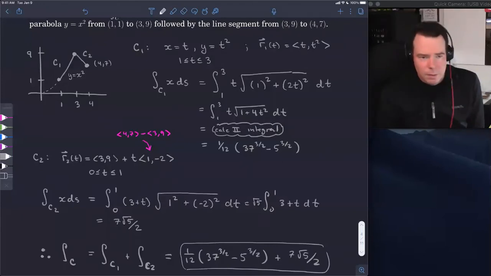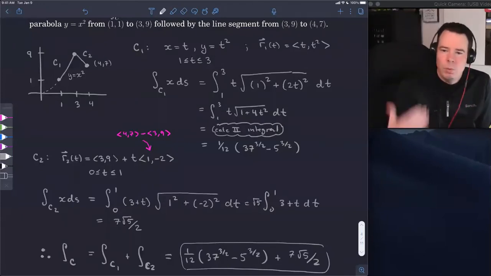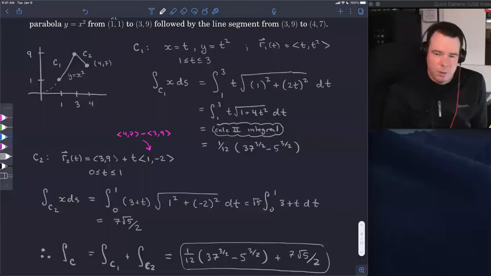So again, the idea here was we want to integrate over a curve. So it's almost analogous to integrating along an axis, which we've done all through Calculus 2. All through Calculus 2, we are integrating along the x-axis of some function. Now, instead of integrating along an axis, we are integrating along a curve.